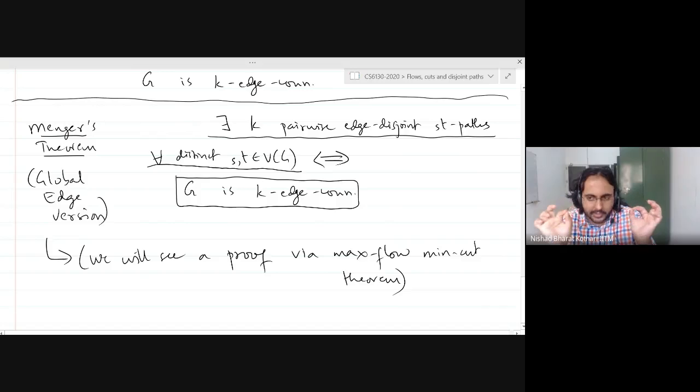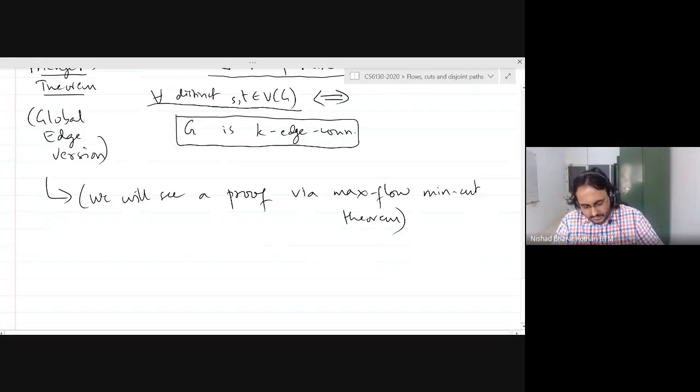For any two vertices s and t, so n choose 2 possibilities, I will give the person k edge disjoint paths from s to t. So that means I have n choose 2 times k paths, and each path has at most how many edges? M edges. And that will be a certificate for k-edge connectivity.